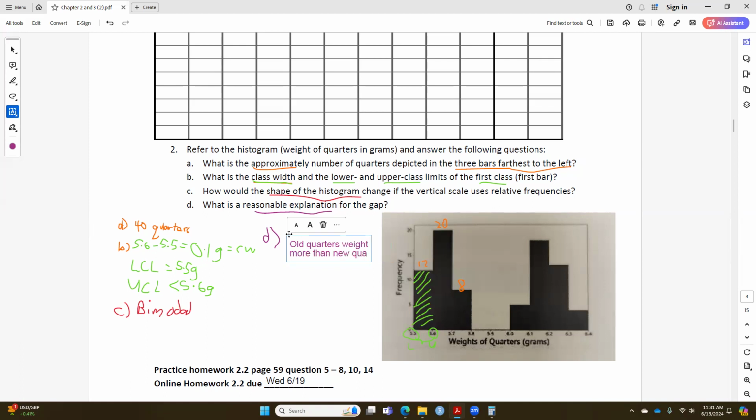So if you have any old quarters and you measure them, they will be around 6.1, 6.2, 6.3, 6.4 grams. But new quarters weigh a bit less due to the material. When they make quarters now, they use lighter material. For the old quarters, they used better, nicer materials. That's why your old quarters are actually worth more now than the new quarters. So that's the reason why there is a gap in this case.